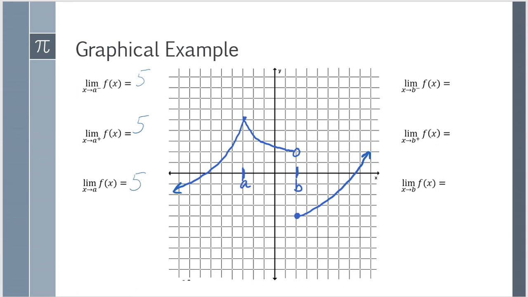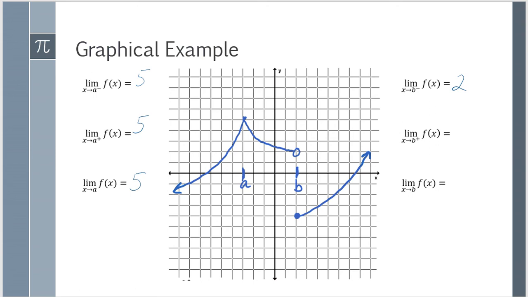If I approach b from the left and right, so the limit as x approaches b from the left, here I am at 3, 2.5, 2 1/4. I'm approaching 2. The fact that there's an open dot here doesn't affect it, because an open dot is only at b, and the limit says I never reach b, I just get really close to it. And so I'm getting really close to a value of 2 from the left.